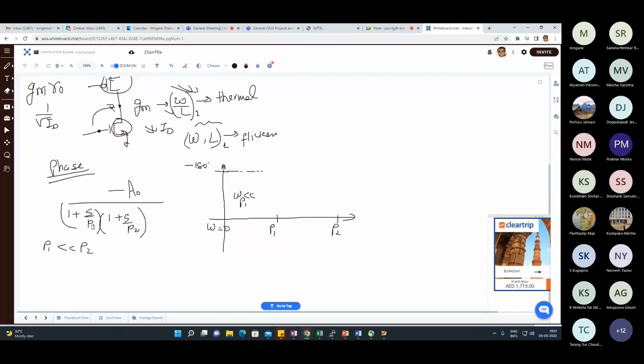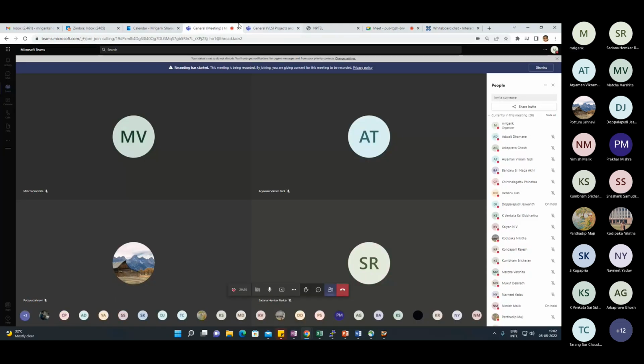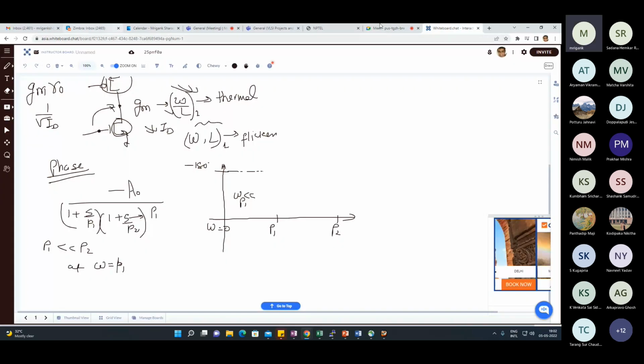Exactly at omega equal to P1, what will happen? This number is still very close to 0, because P1 is still much less than P2. So even if your omega becomes P1, the P1 upon P2 is negligible. So I can ignore the second term and continue with the first term.